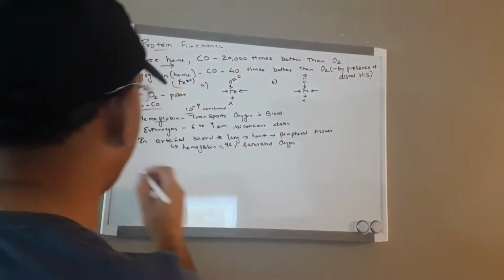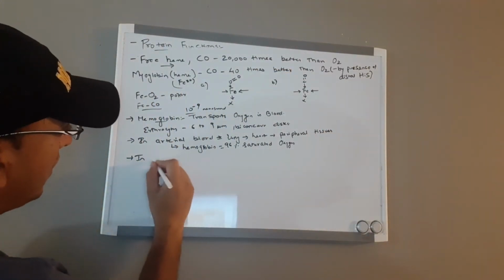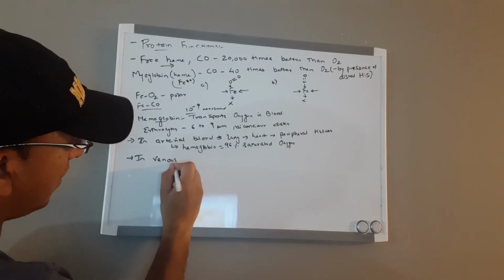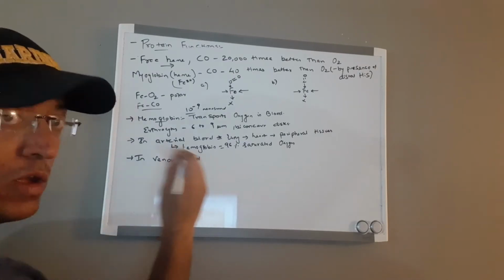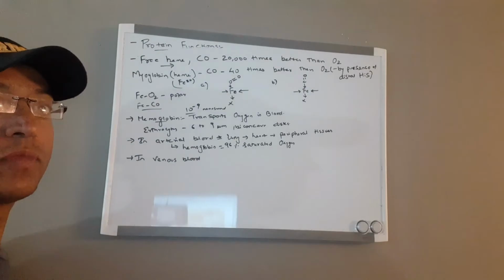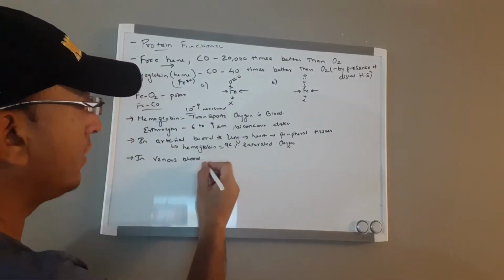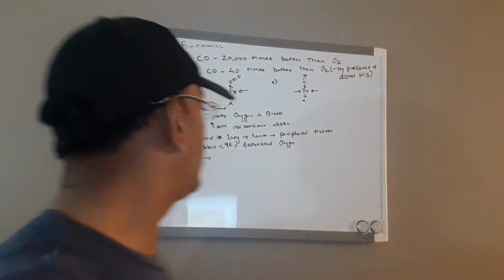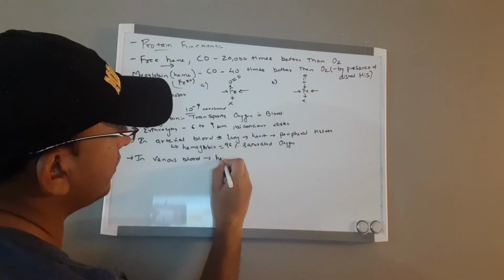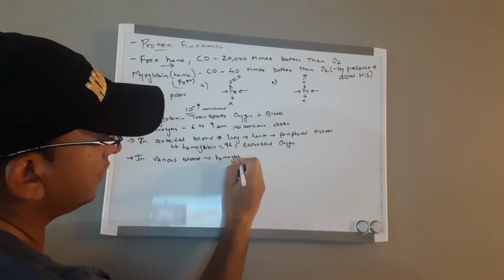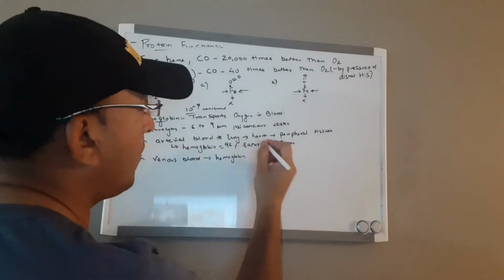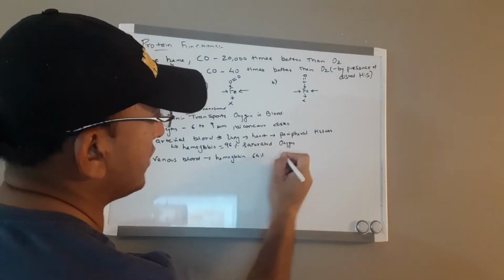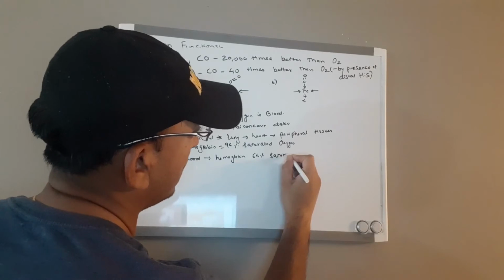But in the venous blood, that is returning to the heart, hemoglobin is only about 64% saturated with oxygen.